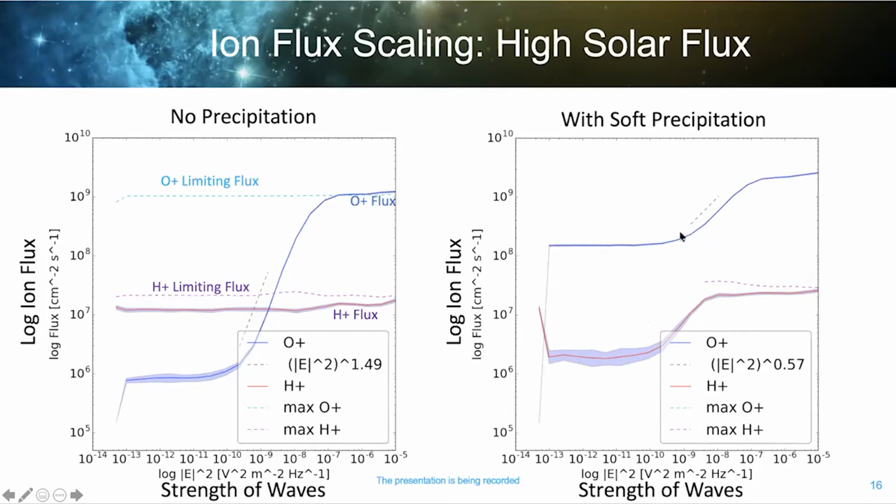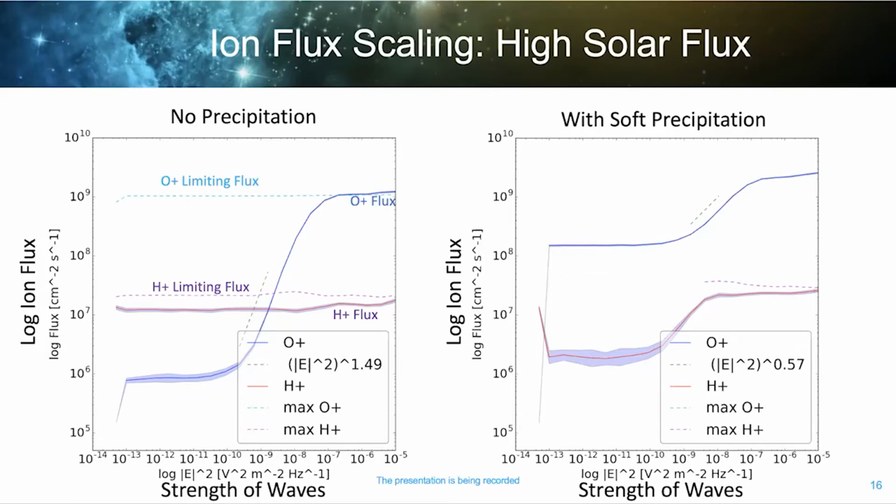The power law relationship is going to change, and how the H+ and the O+ respond to that energy input is also going to change. So if you have both soft precipitation and wave power going on at the same time, the relationship is different than if you only have one or the other occurring.